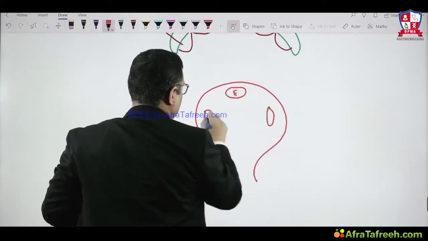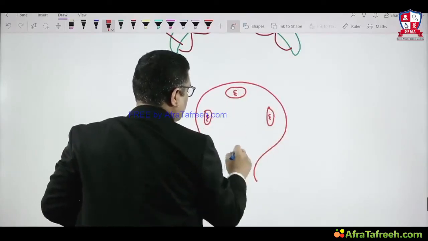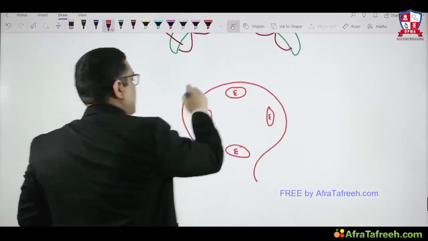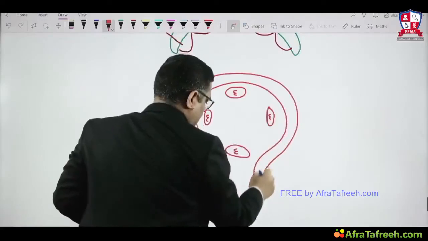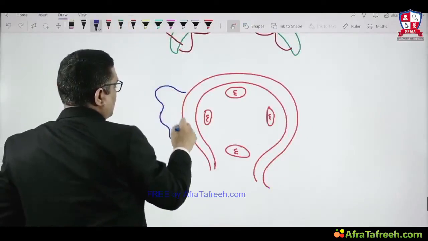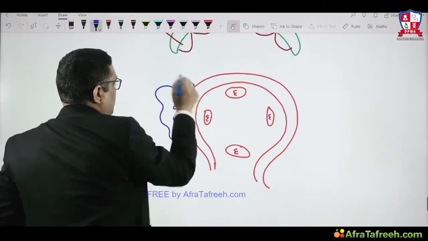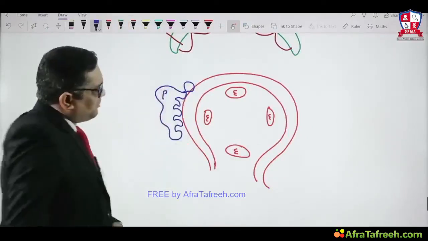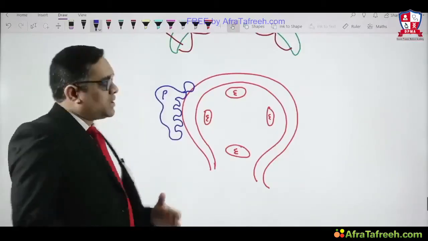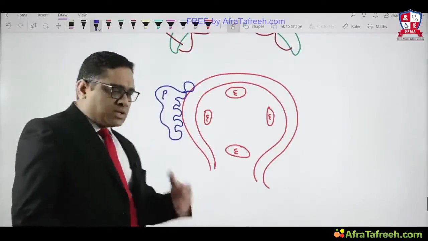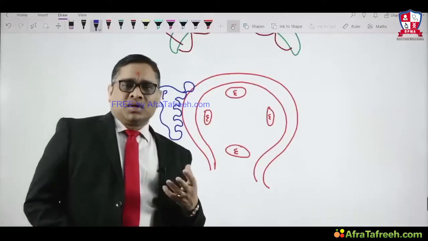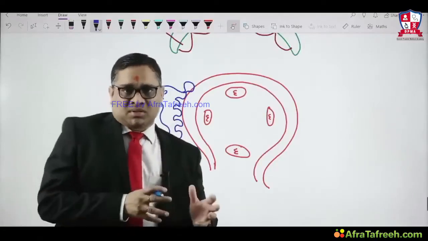There is a support of the basement membrane, and we have seen there are foot-like processes, the podocytes, or visceral epithelial cells. This is how we have discussed electron microscopy. Now come to the pathogenesis. What is the basic pathology in RPGN? The basic pathology in RPGN is also some inflammation causing damage, right?